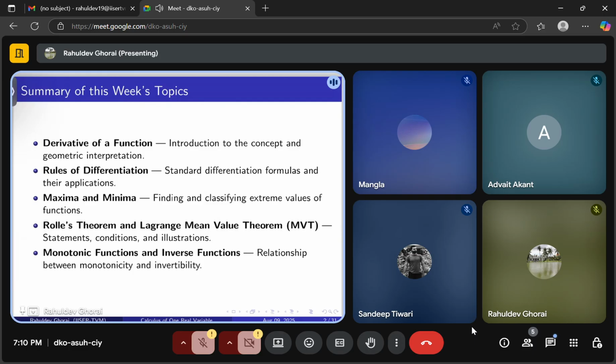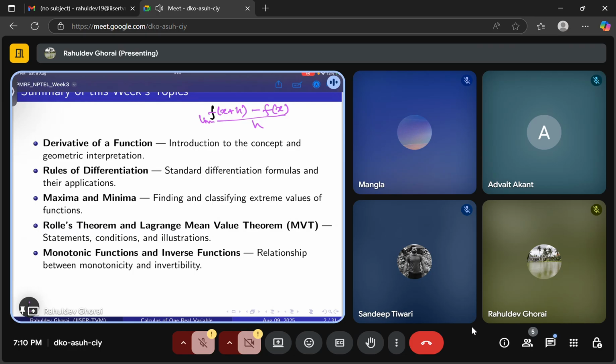So derivative is nothing but a limit of the function difference over that small interval: f(x+h) minus f(x) over h, limit h tends to 0. That is nothing but f'(x), right? So derivative is nothing but the limit of this difference over (x+h) minus x.